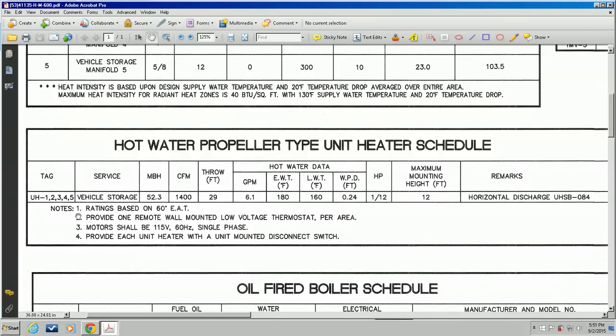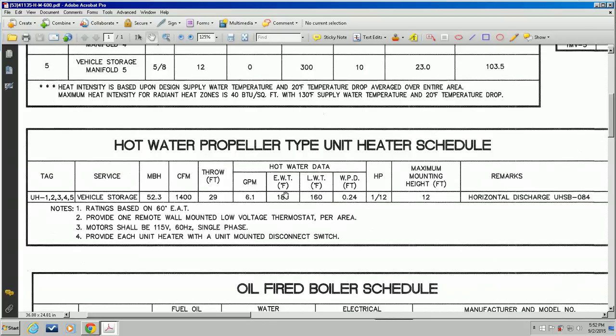So when selecting the unit or pricing it up, we need to note the features that we have to provide, and when doing the performance rating for that unit in order to match the performance as shown on the schedule, we need to make sure we match the performance data that's shown on the schedule. So those are the important features of a hot water unit heater schedule.